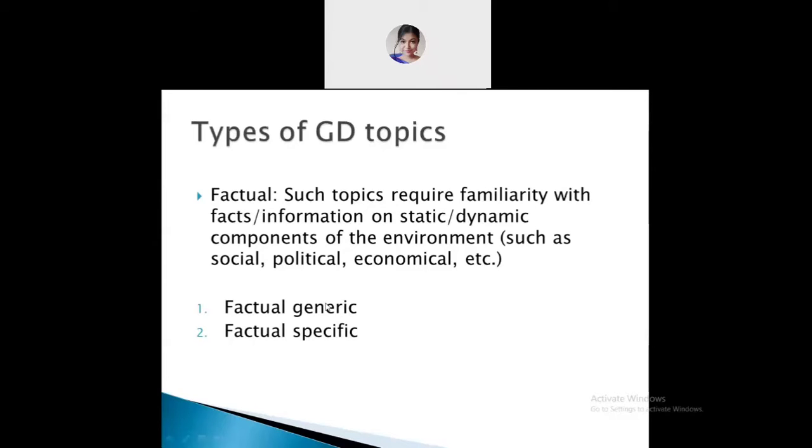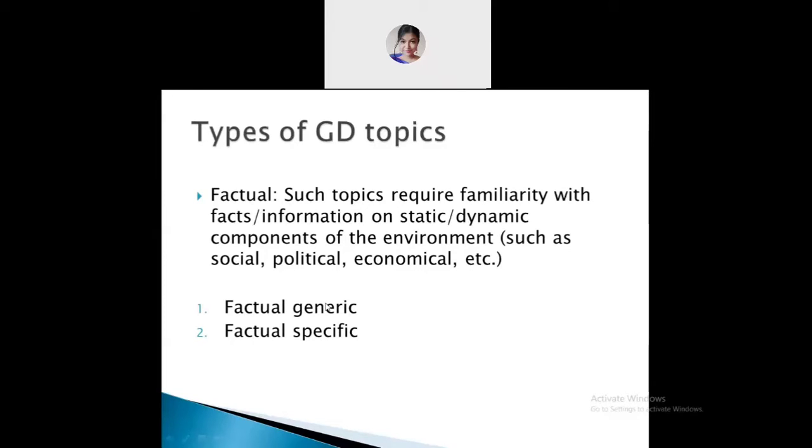Factual topics are realistic topics which can be related to anything that happened in the past or anything that is currently taking place. It can be related to history, politics, society, the economy, any disease, current affairs, the entertainment industry, anything that is real, okay?